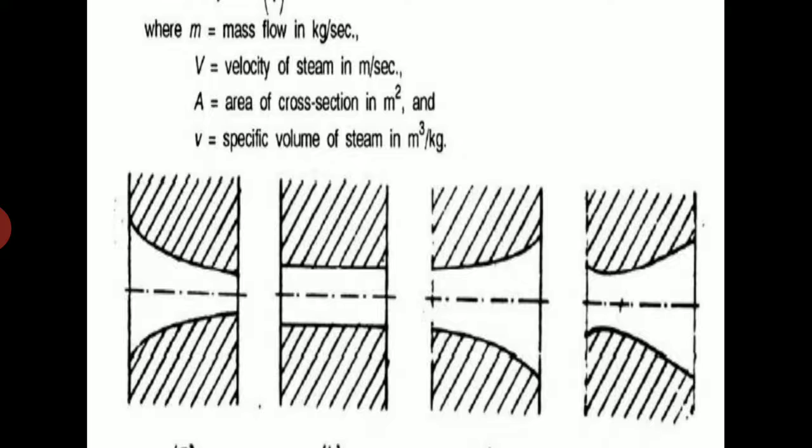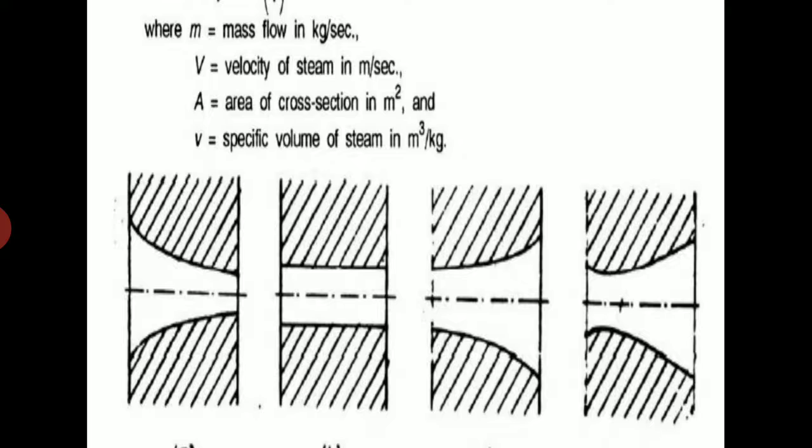This can also represent a convergent nozzle for a fluid whose velocity and specific volume both increase, where the rate of specific volume increase is less than that of velocity, thus resulting in an increasing value of V by v. That is what the first figure represents.